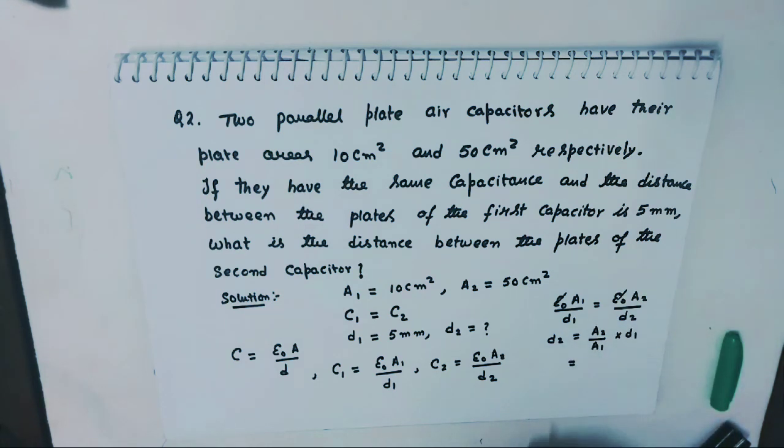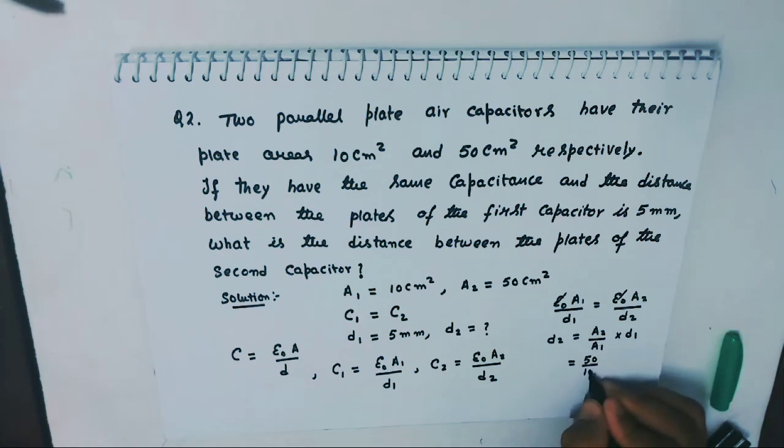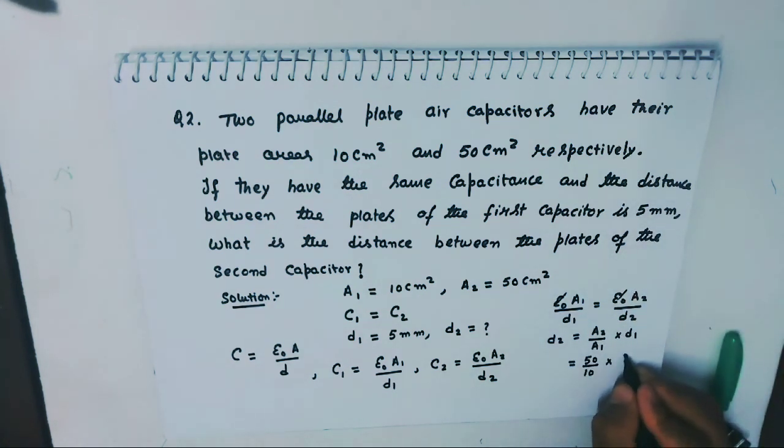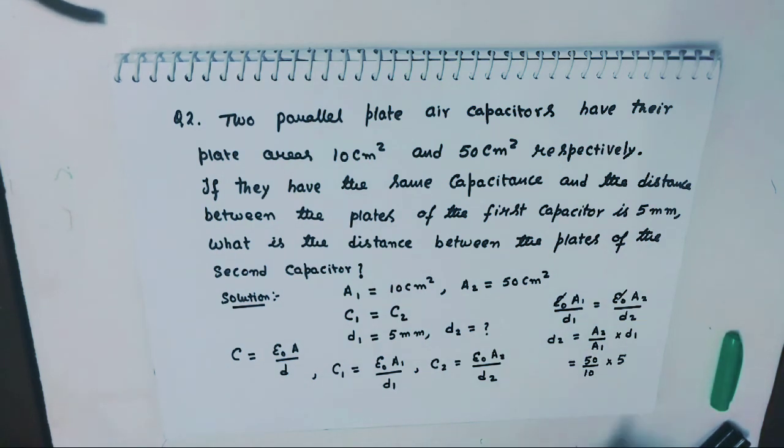So here A2 is 50 centimeter square, divided by A1, which is 10 centimeter square. So here D1 is how much? 5 mm. So the units of A2 and A1 will get cancelled.